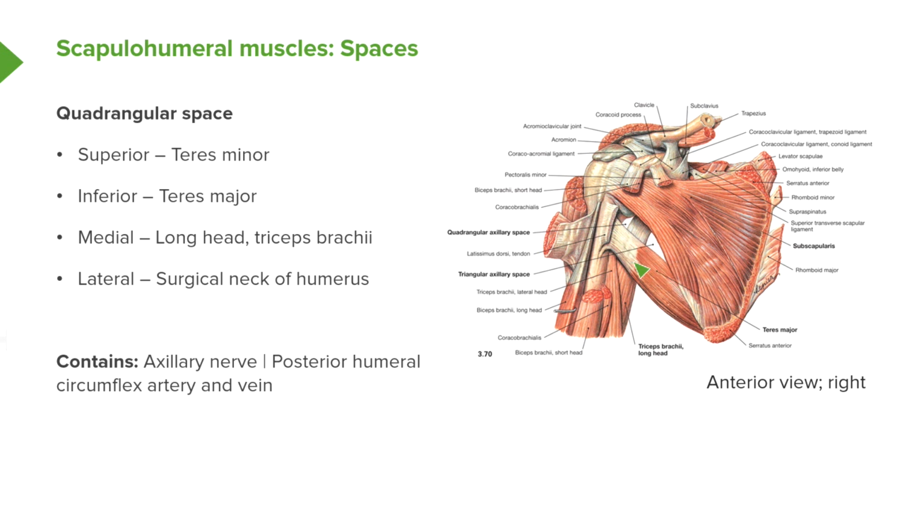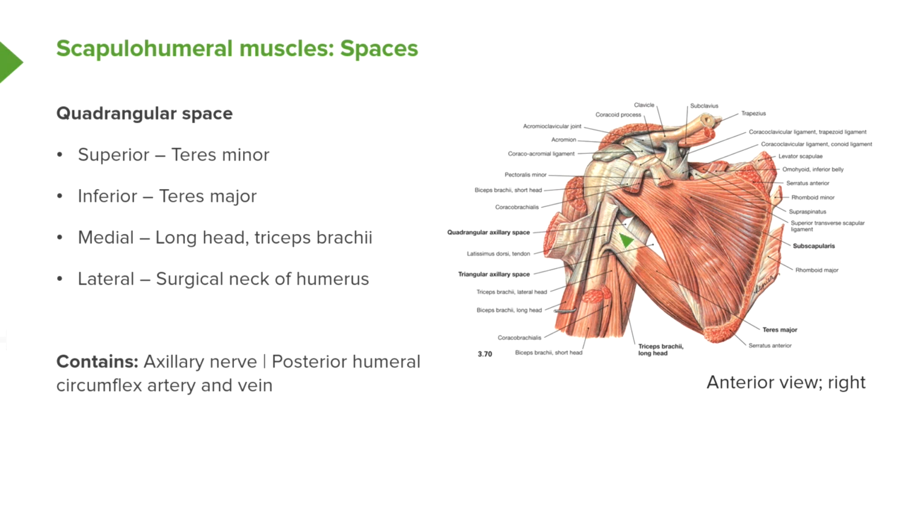So if we look at the quadrangular space, we can see that inferiorly we're going to have a muscle, and that is teres major. We can see teres major running here.